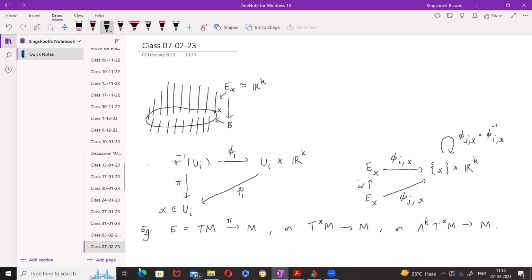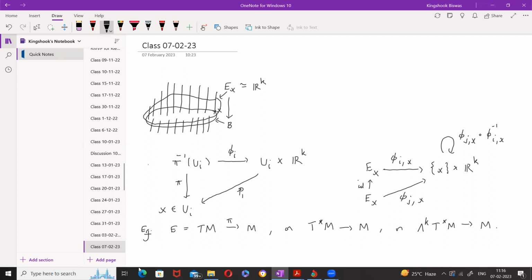And what we were interested in are what are called sections of the vector bundle. That means for every point in the base, you choose a vector in the fiber, right? So a section would look something like this. This would be the graph of a section, right? You're choosing a vector above each point in the base.